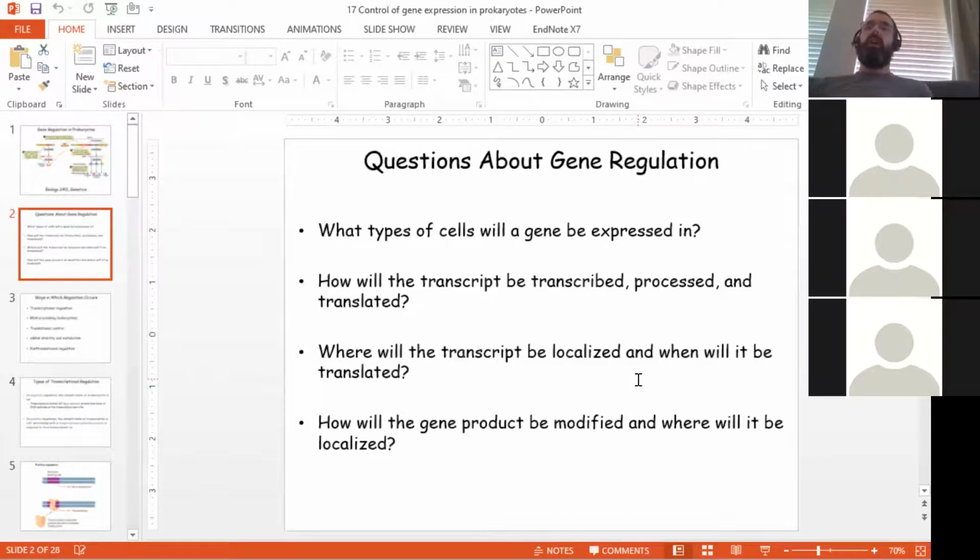Okay, so allolactose is the inducer in the lac operon. Tryptophan and TrpR are the repressor in the trp operon. Okay, so that's the big change in gene expression or regulation.